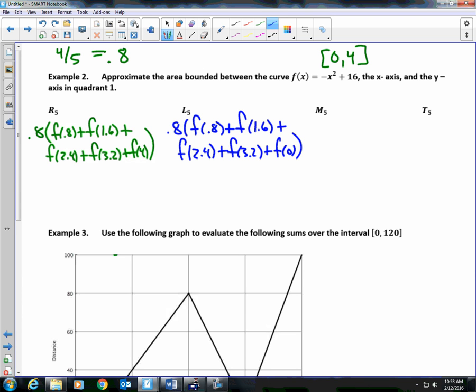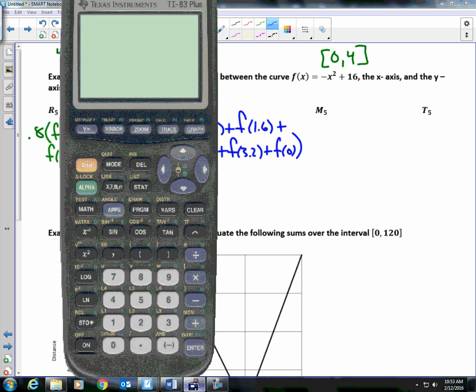So I just wrote exchanging f of 0 for f of 4. We just exchanged the beginning and the end. Otherwise, it's the same.